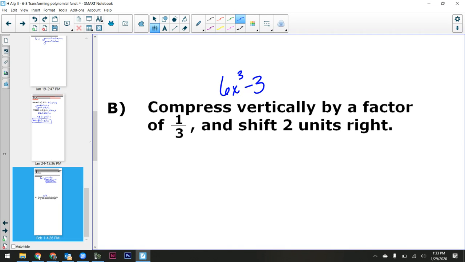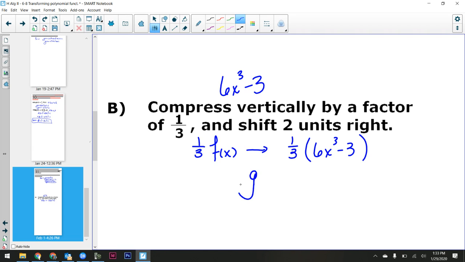What's the rule for compressing it vertically? 1/3 f of x, right? So that's telling me that I need to take 1/3 of the entire function, 6x to the third minus 3. I've got to take 1/3 of all of that, so I've got to distribute it.